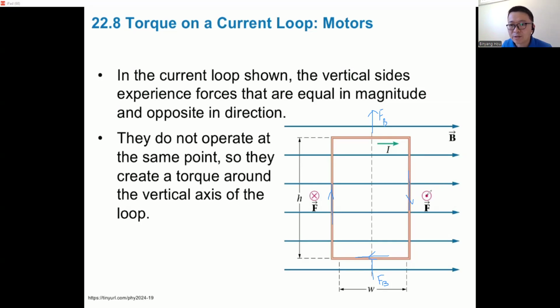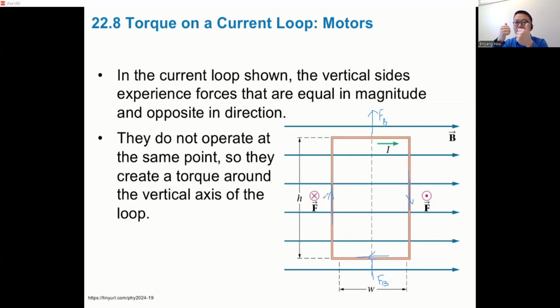So then we use a dot, with or without a circle. In this case, there's a circle here. Okay, so it's going out of the paper towards you. On this other side, again, current is opposite, so the magnetic force should be in the opposite direction of this one. If this one is pointing outward, this will be pointing inward, into the paper. So one force is out, one is in.